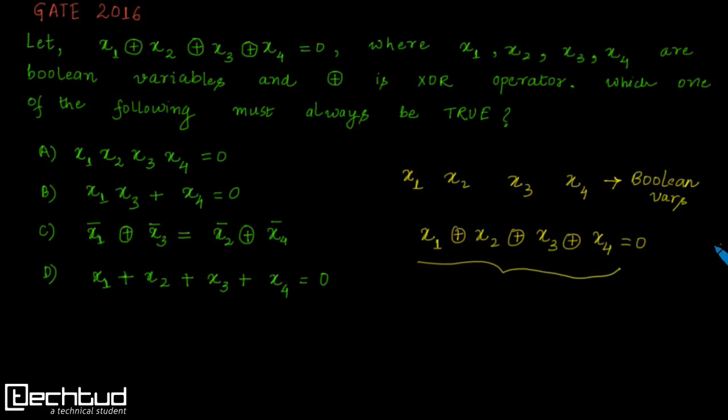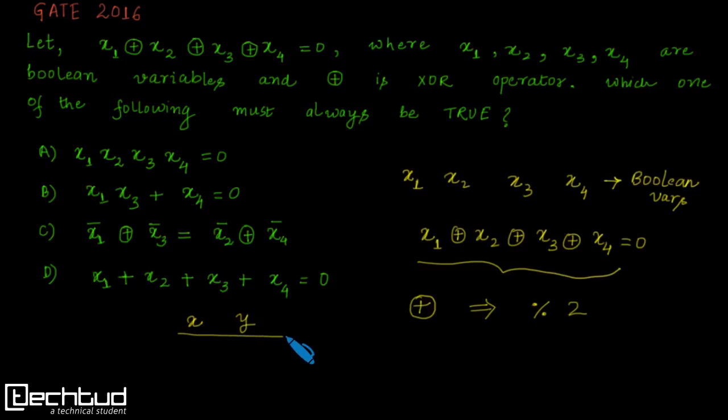Let's see. Because we are given that this holds true, this means that by XORing each of the Boolean variables, we get a result of 0. Now we can understand the XOR operator as a modulo 2 sum operator. What do I mean by that? Consider two Boolean variables x and y.